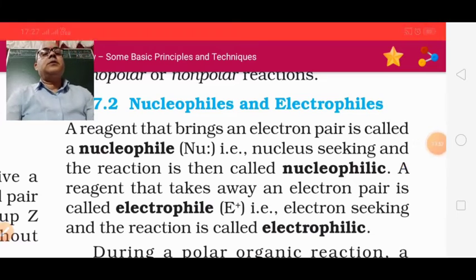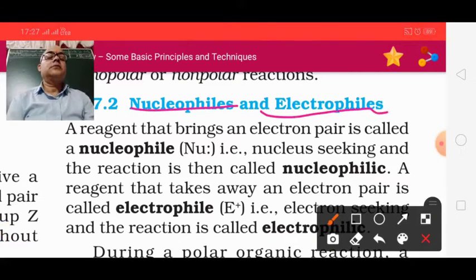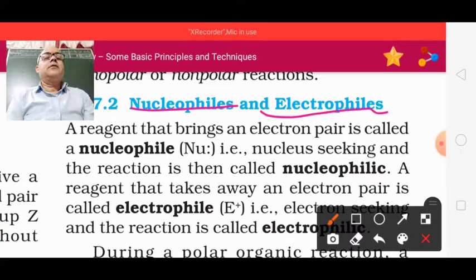Now students, we will see the reagents. There are two types of reagents. What are they? Nucleophiles and electrophiles. What are nucleophiles?